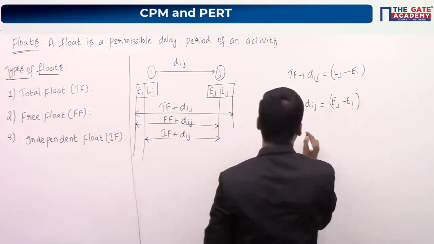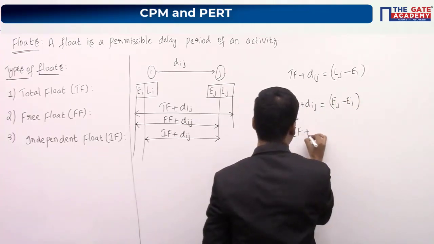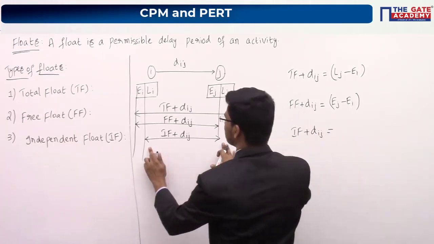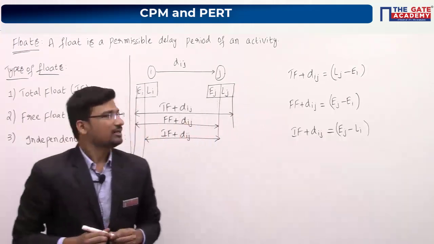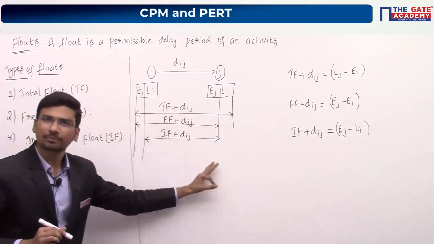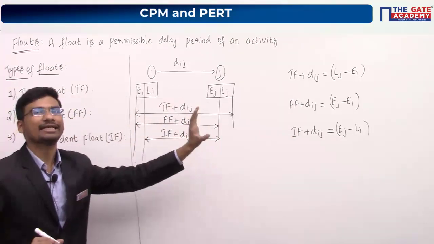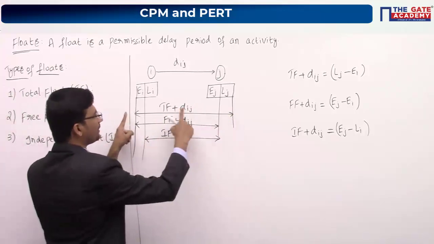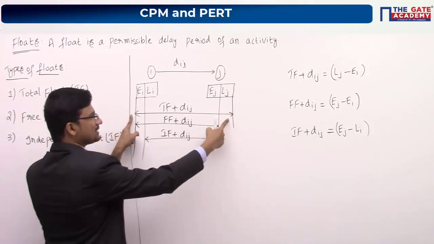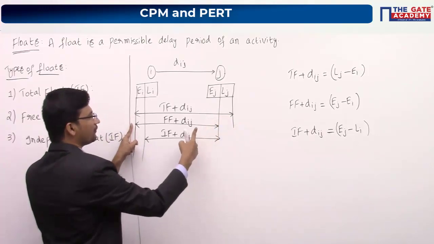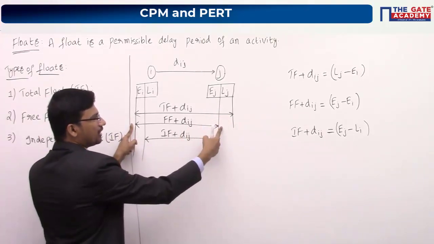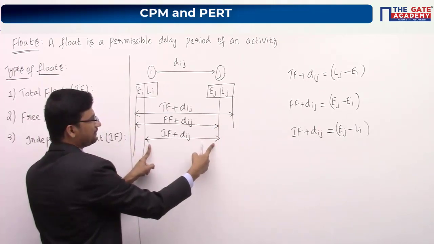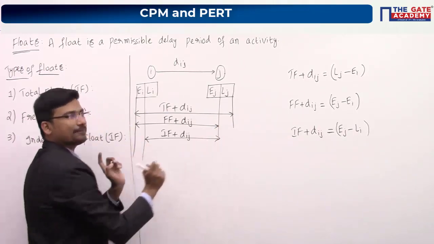And independent float plus Dij will be represented as Ej minus Li. Fine. If you remember this diagrammatic representation, you can calculate any type of float value. So total float plus Dij is equal to Lj minus Ei, free float plus Dij is equal to Ej minus Ei, and independent float plus Dij will be Ej minus Li.